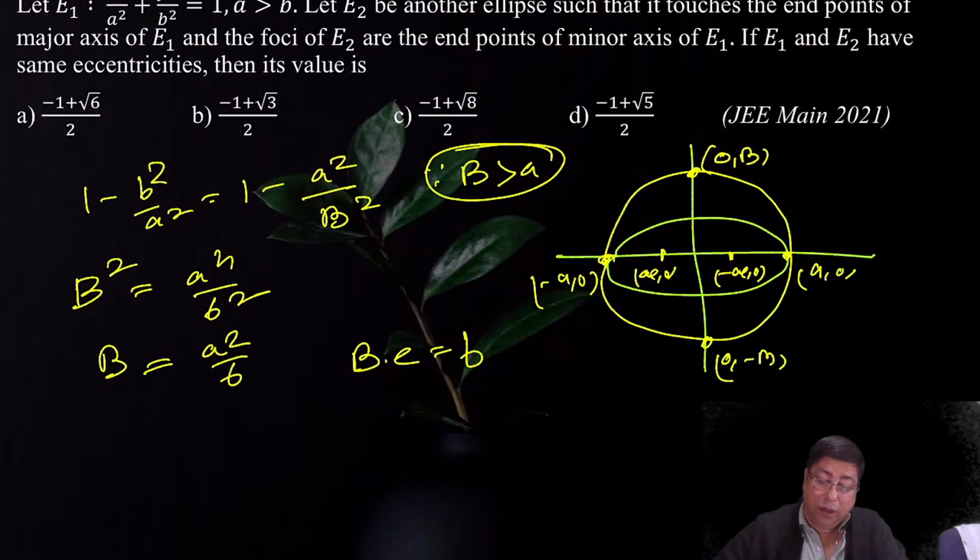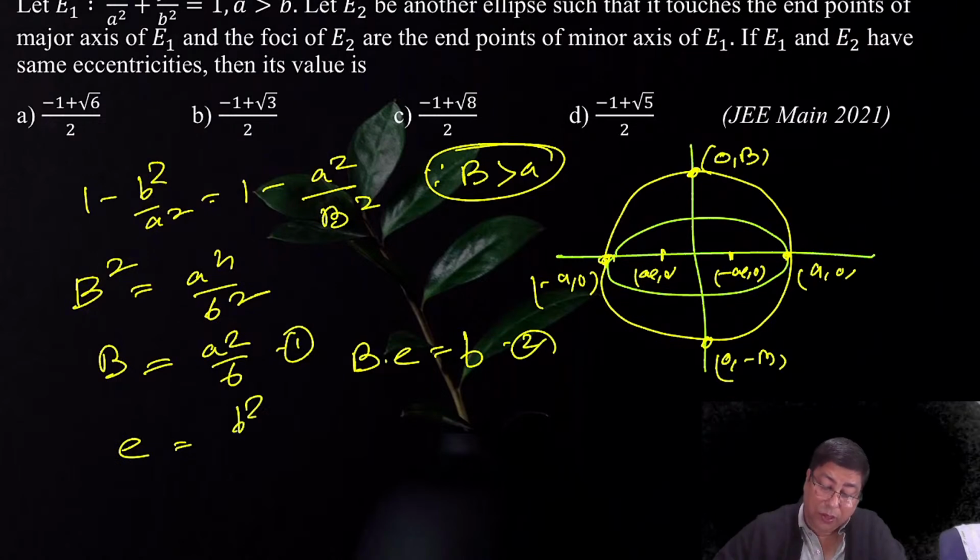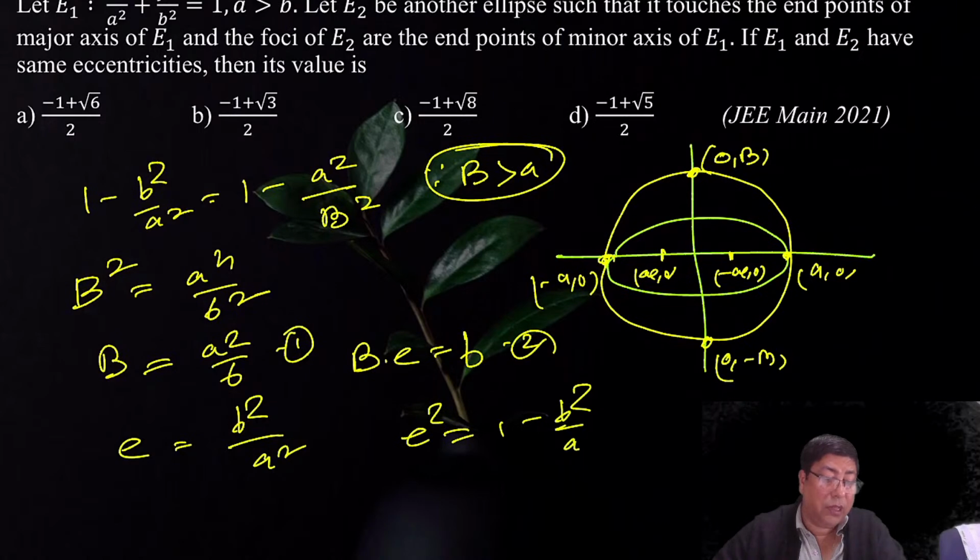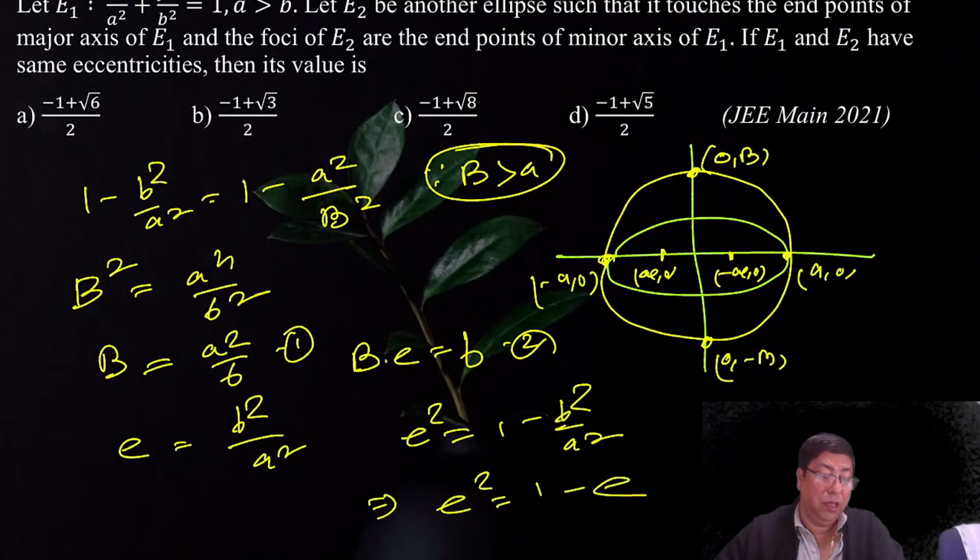Now we can say, suppose this is number 1, this is number 2, E equals, from 1 and 2, B²/A², if we just eliminate the capital B. Since E² = 1 - B²/A², therefore we can write E² = 1 - E. Therefore E² + E - 1 = 0.